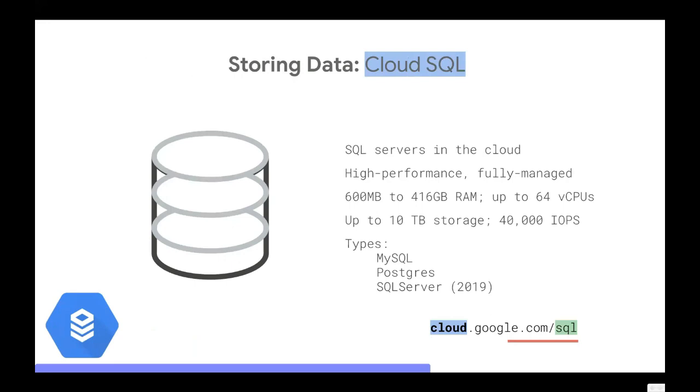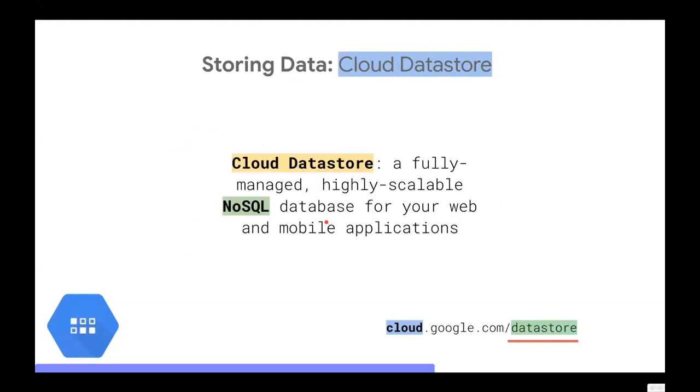If you want to use MySQL, Postgres, or SQL Server managed in the cloud, so you don't have to do it yourself, we also let you choose your hardware configuration. In addition to SQL, we also have NoSQL. That's Cloud Datastore. It's a very fast, very scalable, fully managed NoSQL database. However, don't use it. There's something better coming up in the slides, but I at least needed to tell you about its existence.